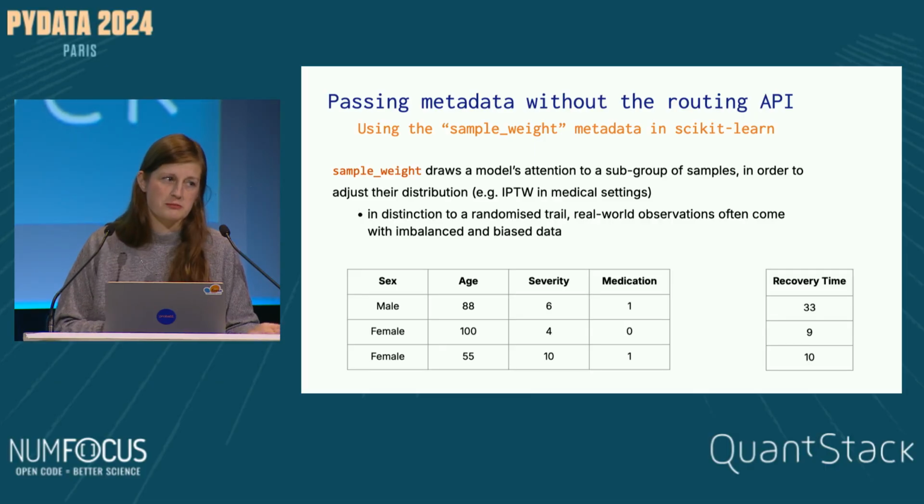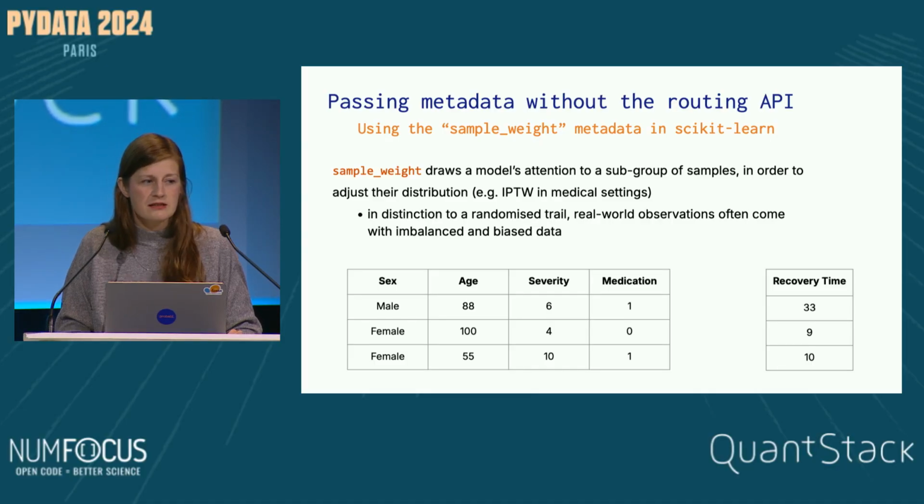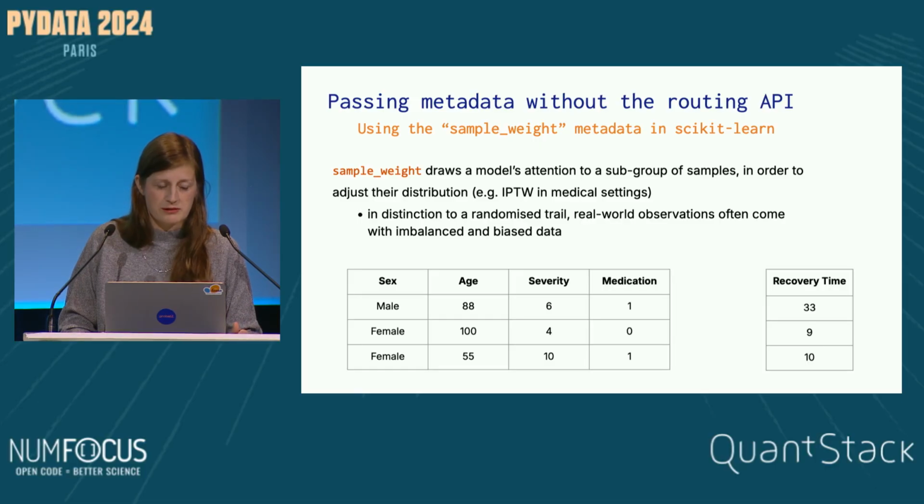One could be from a randomized trial with very constrained conditions, and then everything should be fine from the beginning. But most likely we will have data that comes from real-world observations, and then we might expect some imbalances or biased data.